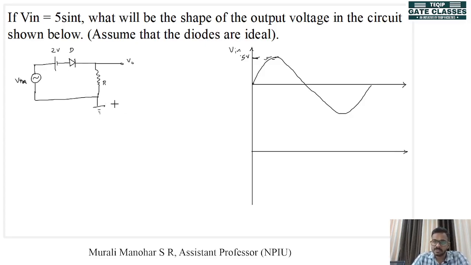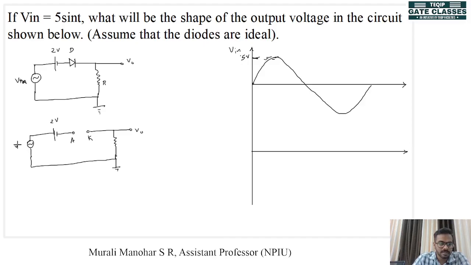When the diode is reverse biased, it will be open circuited, so we will redraw the figure. This is our 2 volt, and now the diode is off. This is V out. This is the anode of the diode, this is the cathode of the diode, this is 2 volt, and this is V in.